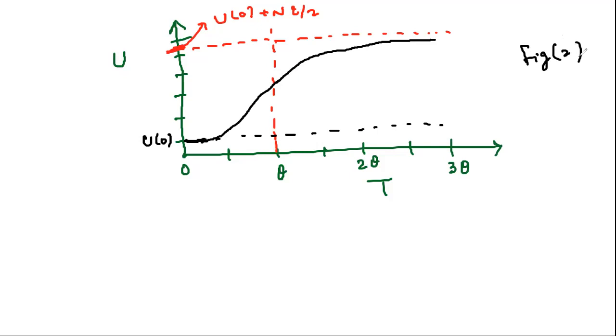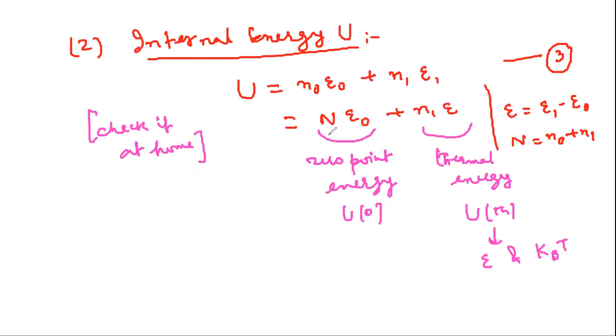So you can see from this graph, even when T is 0, you have some internal energy in the system which is called zero-point energy. That is the first term in the expression, which is independent of the temperature. So this is the zero-point energy, and this thermal term changes with temperature.